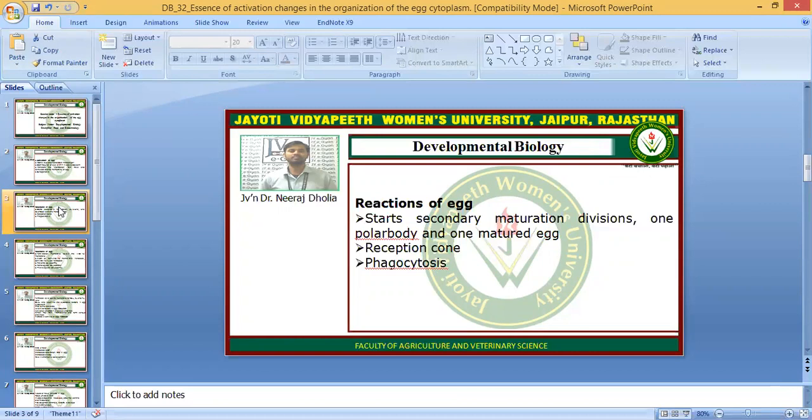You may have heard about the phagocytosis, that the immune cells phagocyte or engulf the bacteria, viruses, or the dead particles and destroy it. Okay, so it engulfs because the male gamete is haploid in nature. So it is like a foreign structure for the egg.